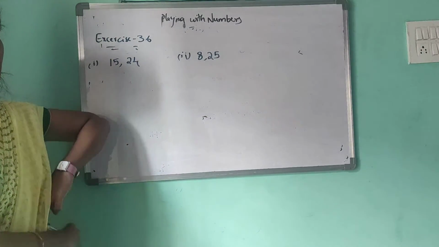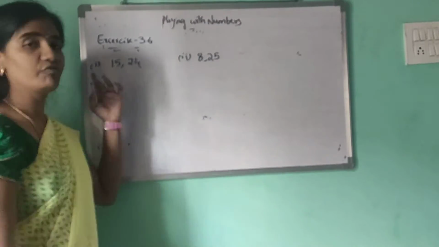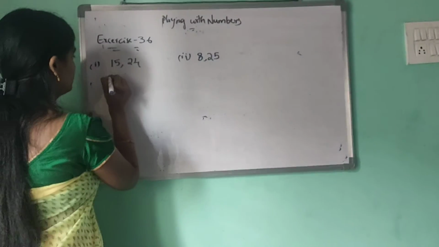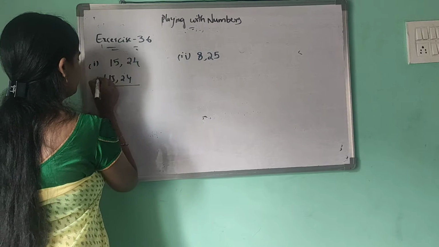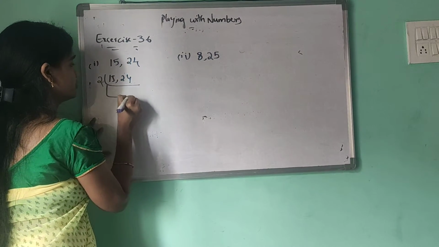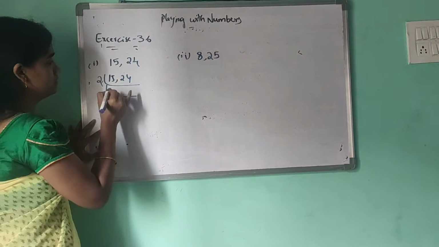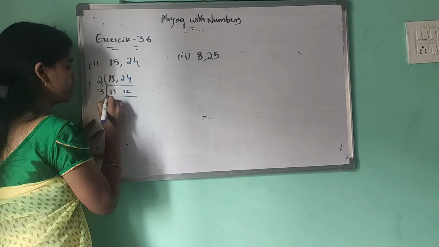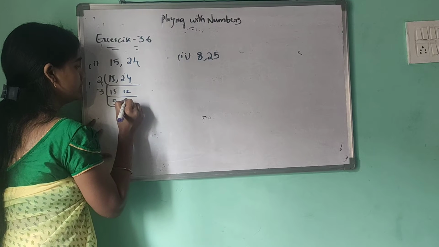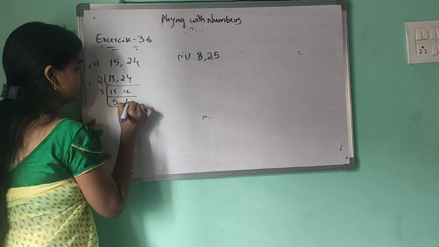Let's see how to find the LCM of 15 and 24. 15, 24. Start with 2. Which numbers are divisible? 15, 12. The third term is divisible by both numbers. So 3 5s are 15, 4 3s are 12.